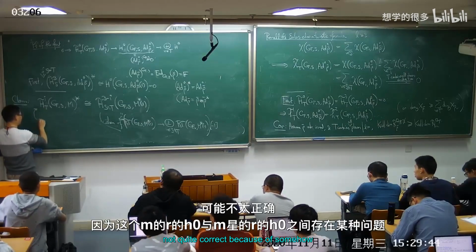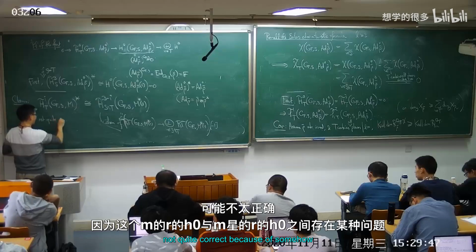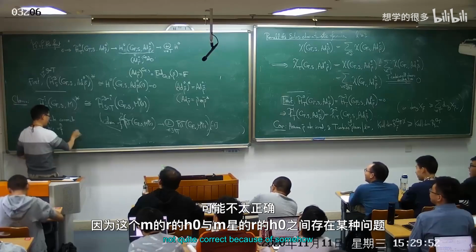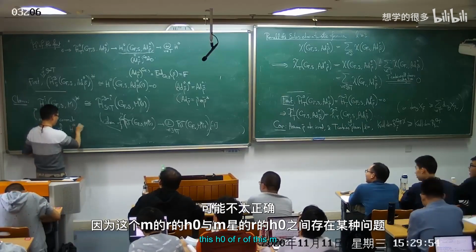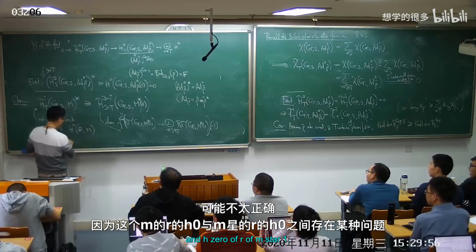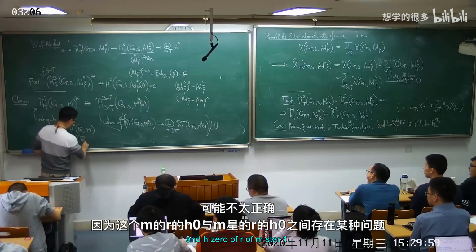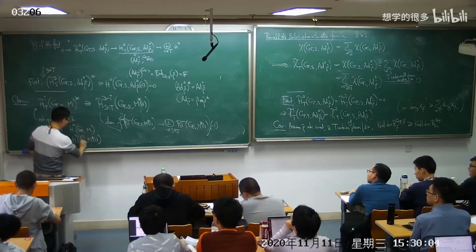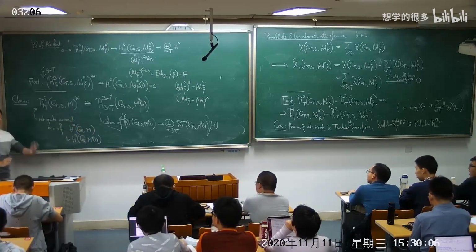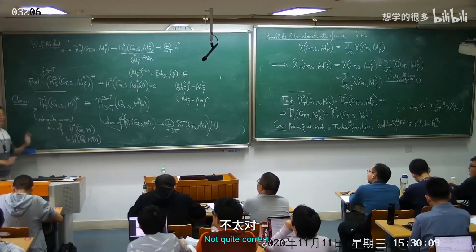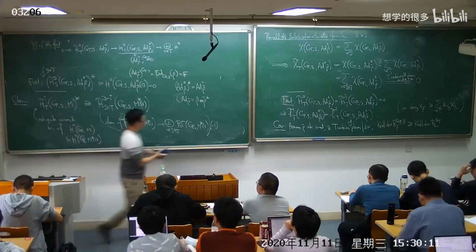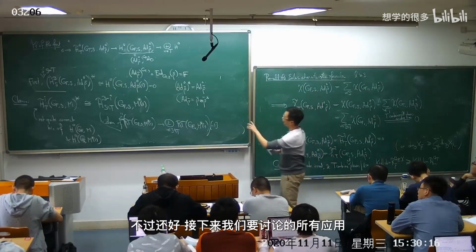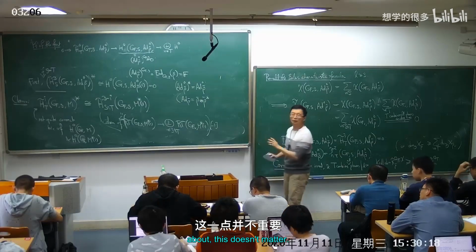Maybe not quite correct because of this H0 of R of this M and H0 of R of M star 1. Sorry, not quite correct. Because of these things, one has to be a little bit careful. But luckily, for all our applications we're going to talk about, this doesn't matter.